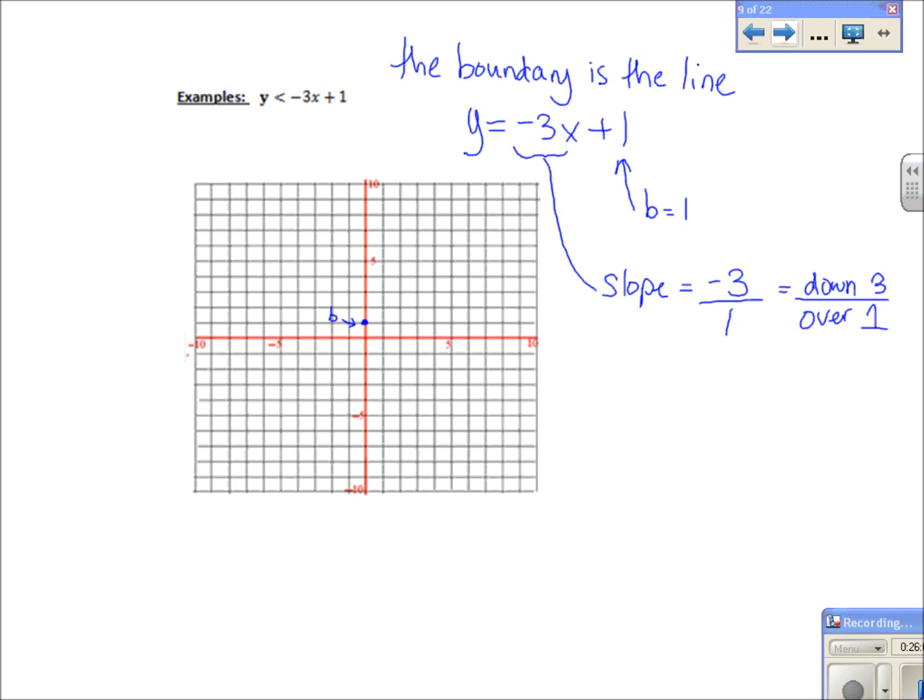For every 1 change in the x, I have to go down 3 on the y-axis. So down 3, 1, 2, 3, over 1.